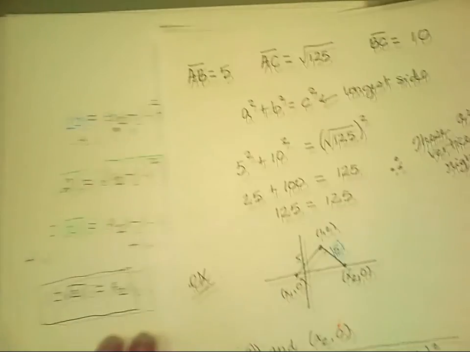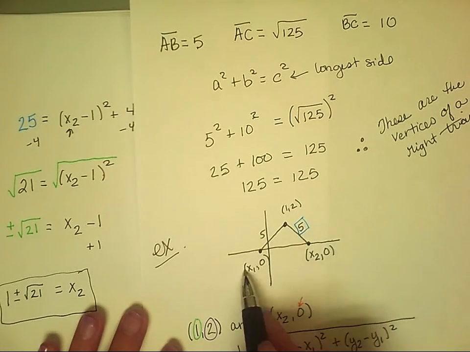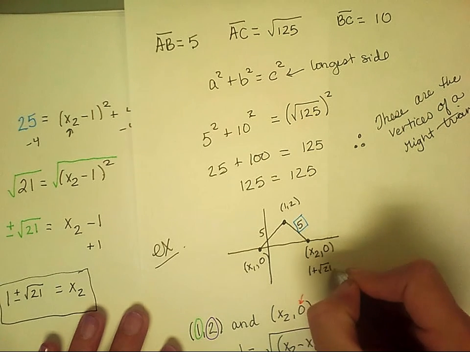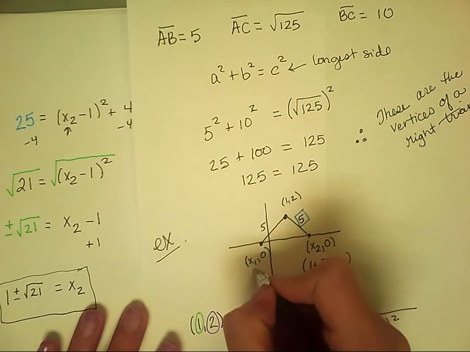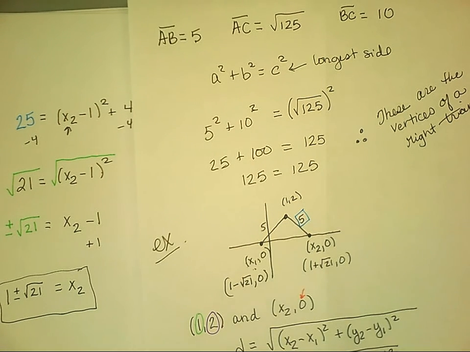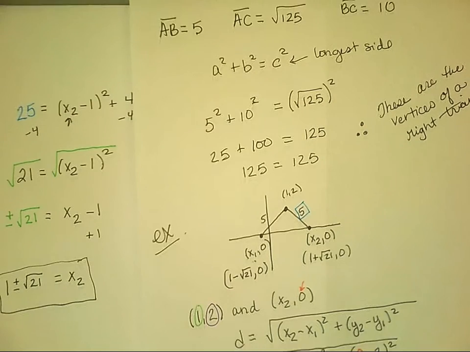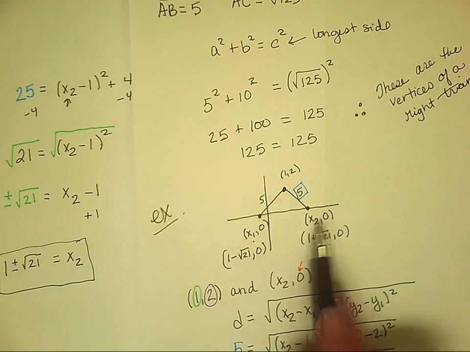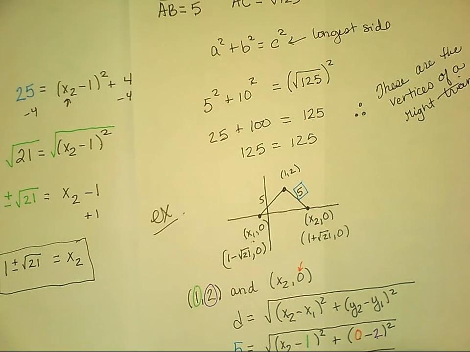So now it doesn't really matter what I called this, x1 or x2. This one will be 1 plus the square root of 21, comma 0. And the other one will be 1 minus the square root of 21, comma 0. Okay. So I could have just called this x and then made it either way.